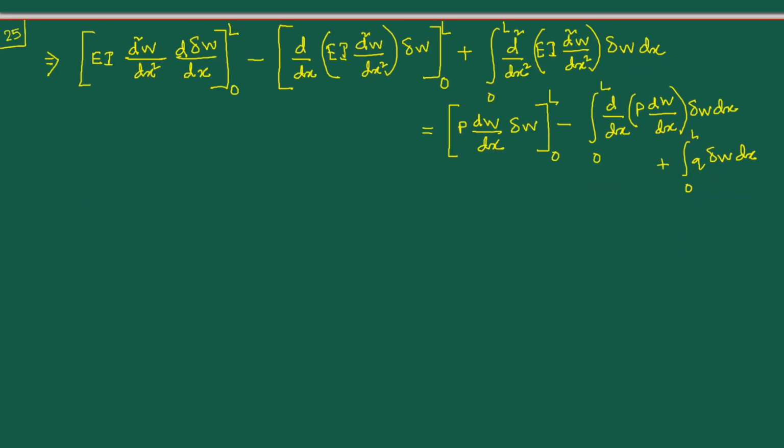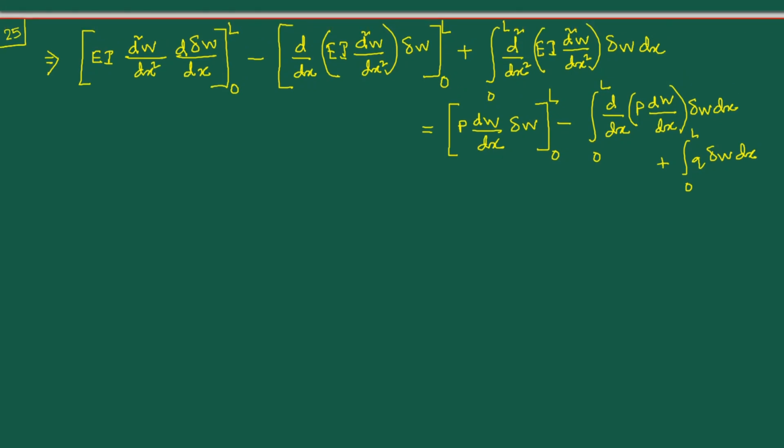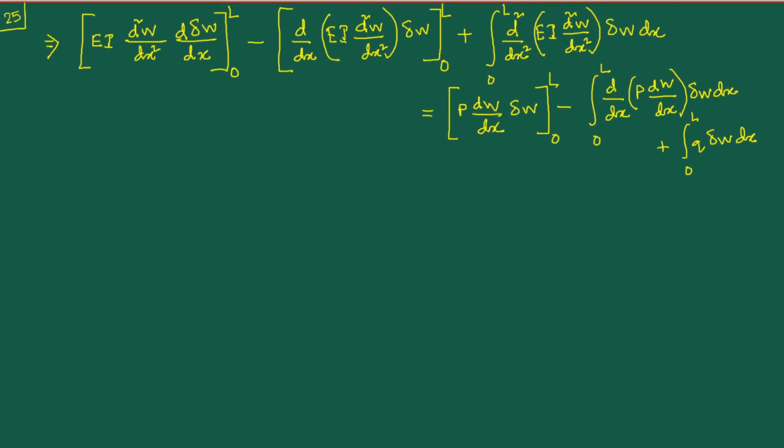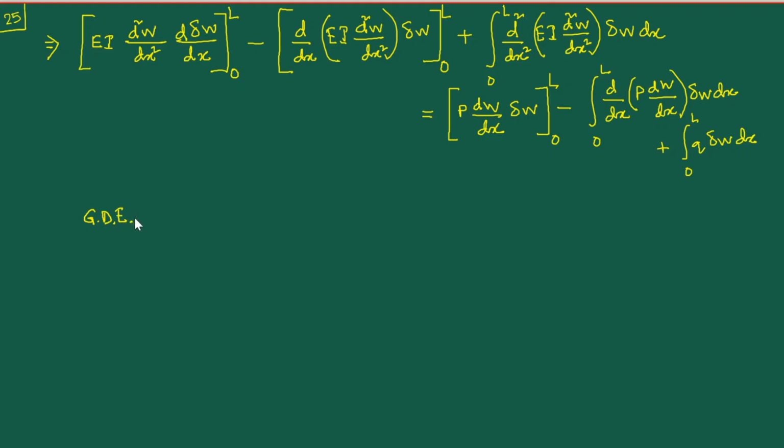So once I have that, I can immediately write down my governing equations and boundary conditions. Okay. So the governing differential equation, that will be formed by considering all the integration terms.